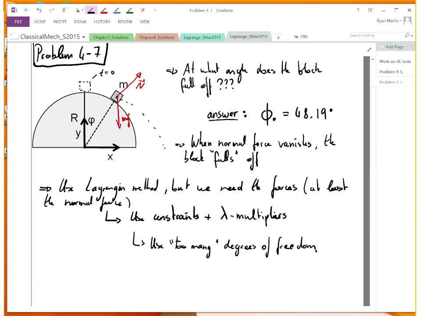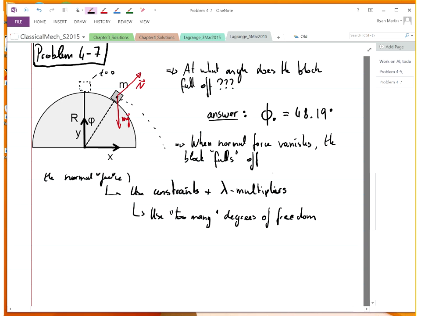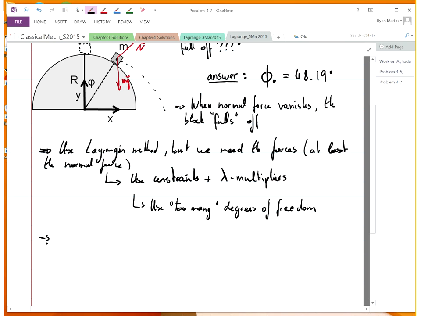For a block sliding down a hemisphere, how many degrees of freedom are there? How many numbers to specify where the block is? So you only need 1 degree of freedom. For example, we can use the angle phi.